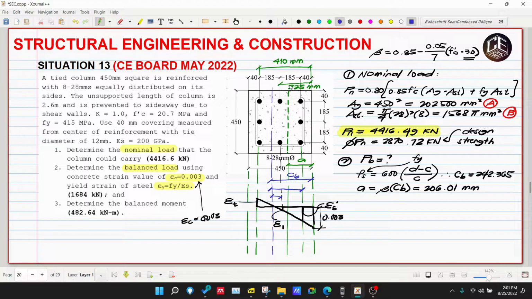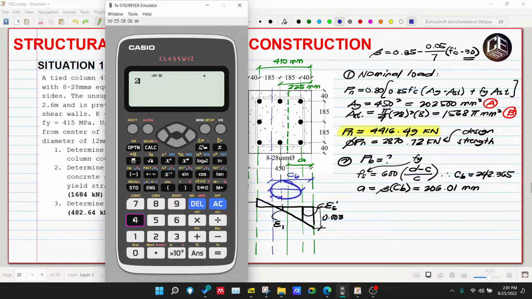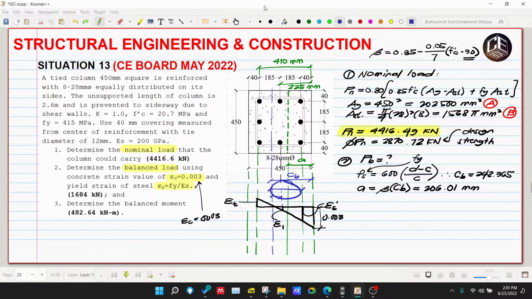Okay. So, magmula rito, this is CB, then minus 40. So, 242.365 minus 40. So, this is 202.365.